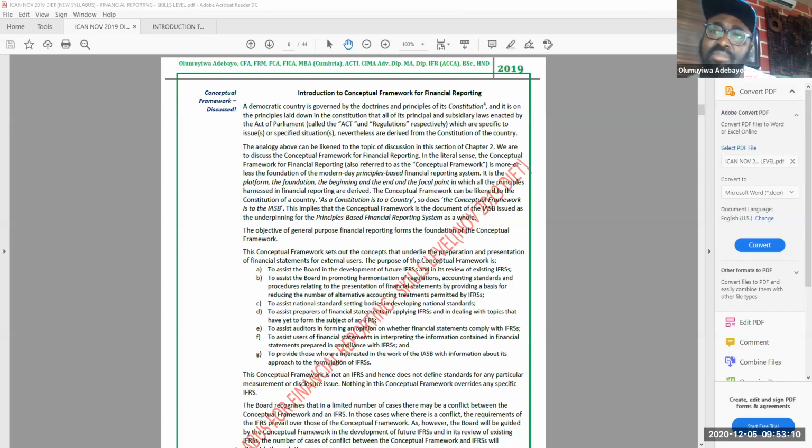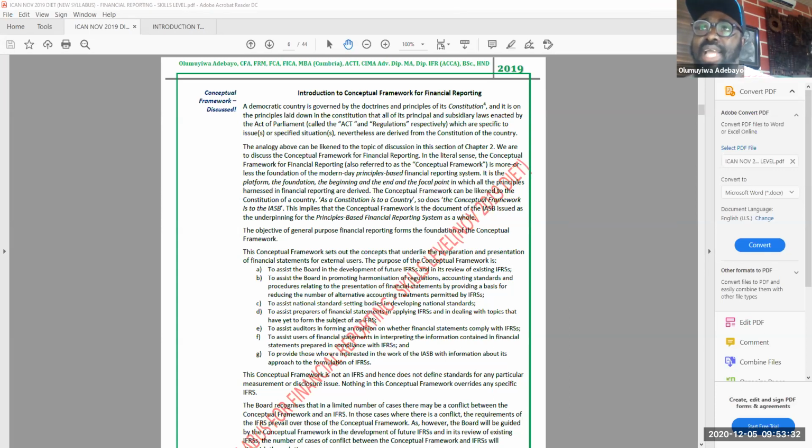Furthermore, we discussed the four organs or bodies within the IFRS Foundation, starting with the monitoring board, up to the IFRS Advisory Council, up to the standard setting body, which is the International Accounting Standards Board, also known as IASB, and also the Interpretation Committee, which we call IFRIC.